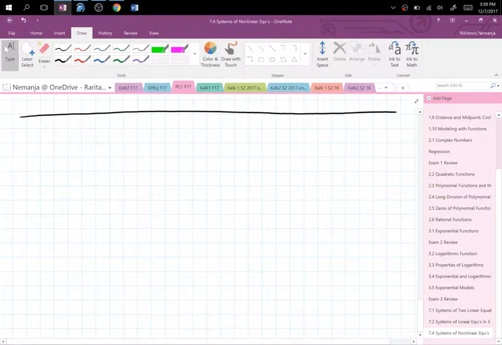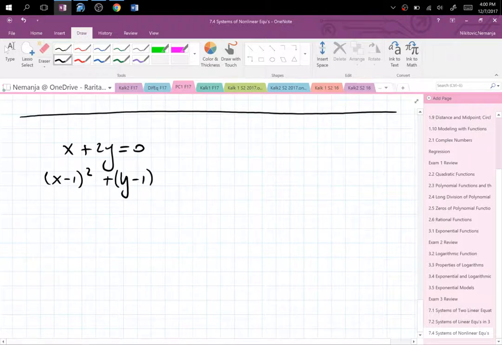So x plus 2y equal to 0, and then (x minus 1) squared plus (y minus 1) squared is equal to 5. What is the equation on the bottom? It's a circle. It's a circle that is shifted.